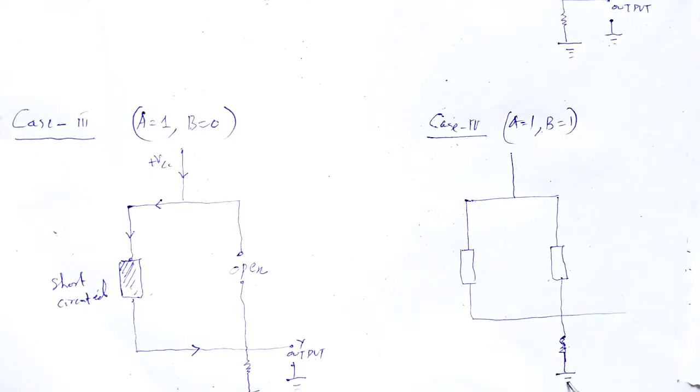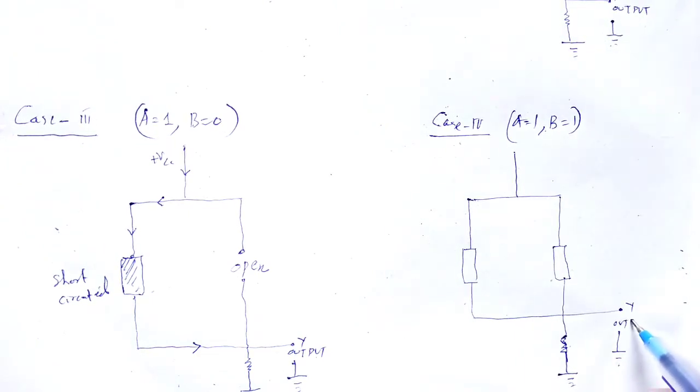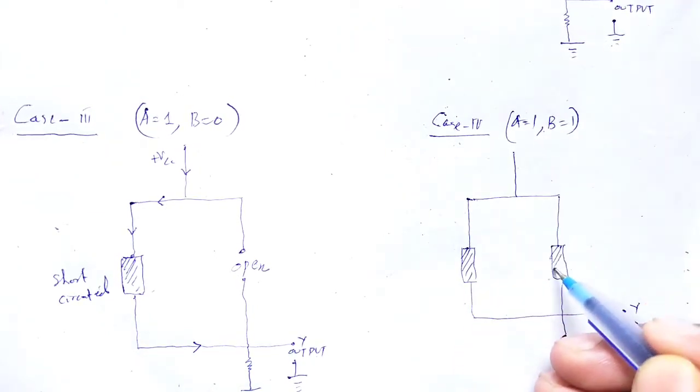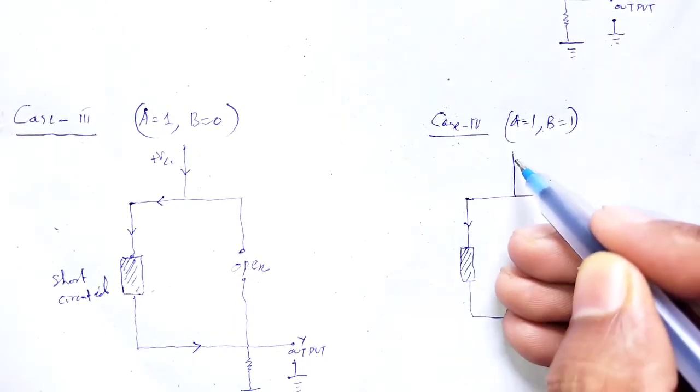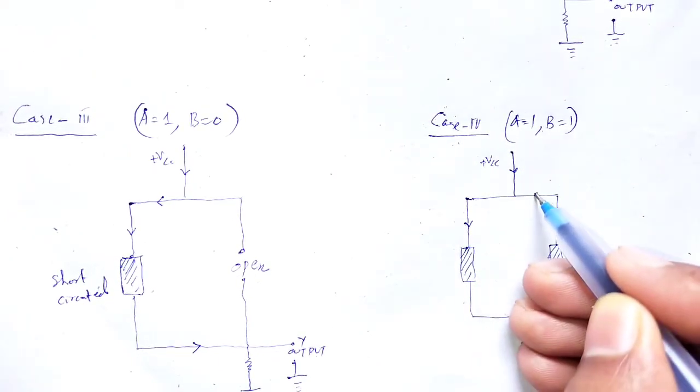Resistor is grounded. Here at output Y, that is the output. In input section, plus VCC.